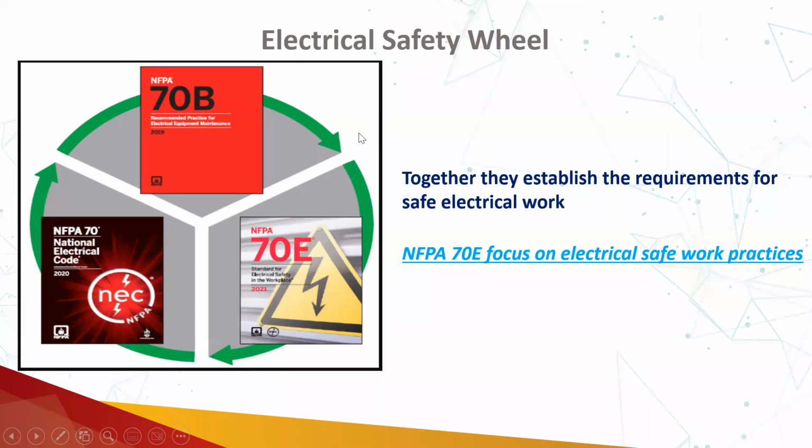It has been maintained over a period of time correctly as per 70B. Now we have to perform a job on that particular equipment which has been selected correctly and maintained correctly. So 70E talks about safe work practices on equipment that is basically safe since its installation and has been maintained correctly.